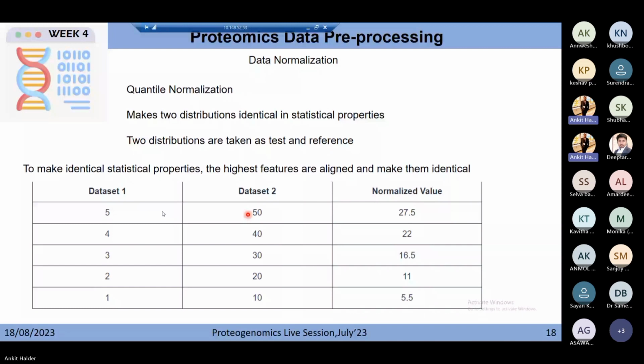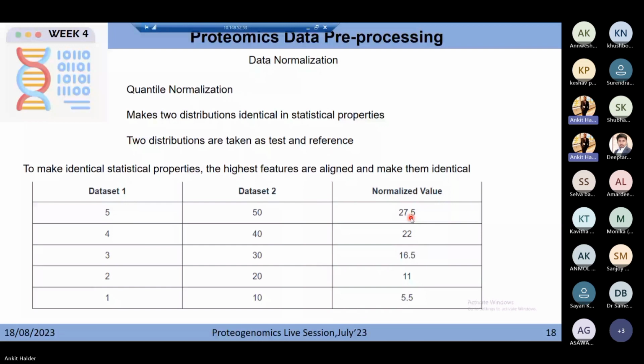So if your proteins have features which are highly upregulated and some less, they will also get adjusted so that they look identical in statistical properties. In this way it will cause a huge loss to your data, and it will have a huge effect on your biomarker identification.